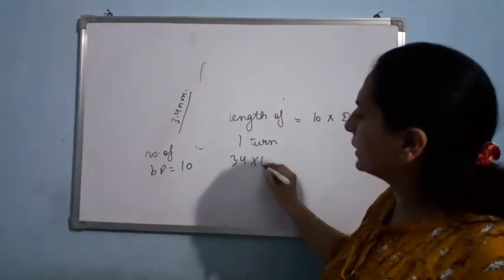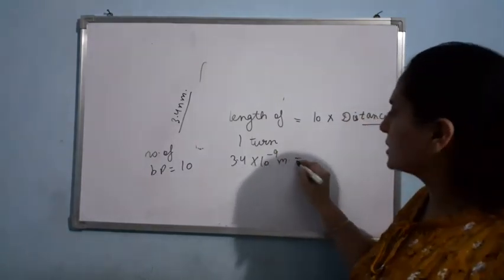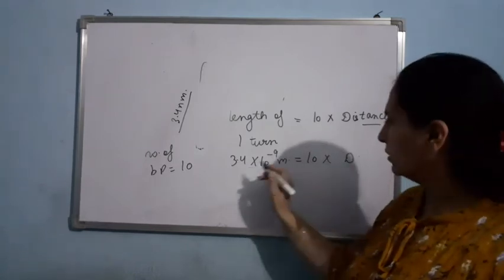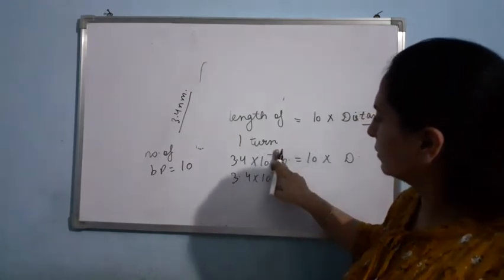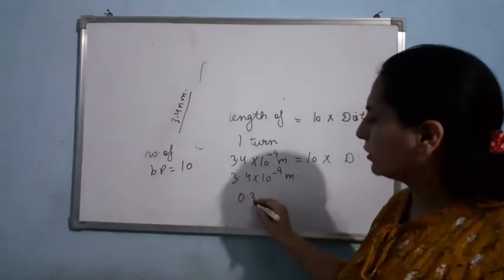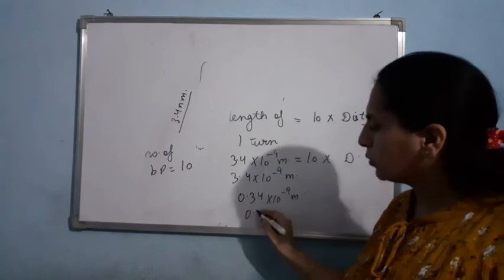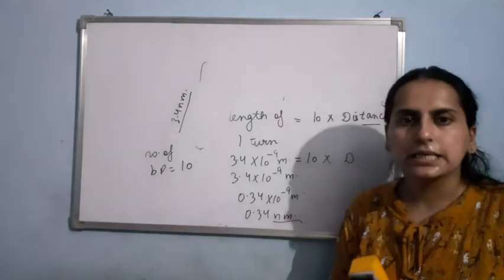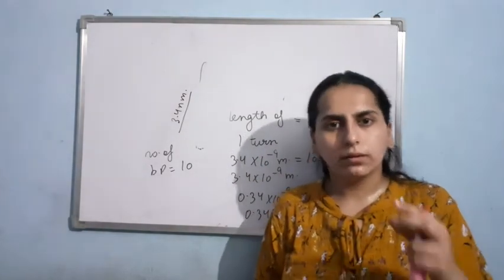If I convert it into meters, it will be 3.4 multiplied by 10 to the power minus 9 meter. This is equal to 10 multiplied by the distance between two consecutive base pairs. Now let me divide it. 0.34 into 10 to the power minus 9 meter, or rather I can say it is 0.34 nanometer. Am I clear? So the distance between consecutive base pairs is 0.34 nanometer.